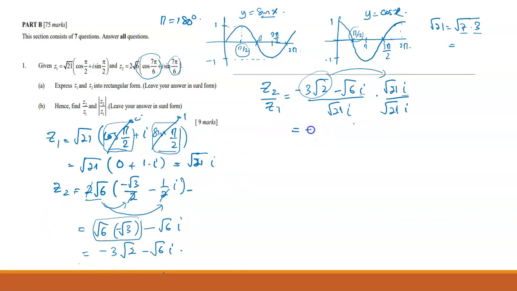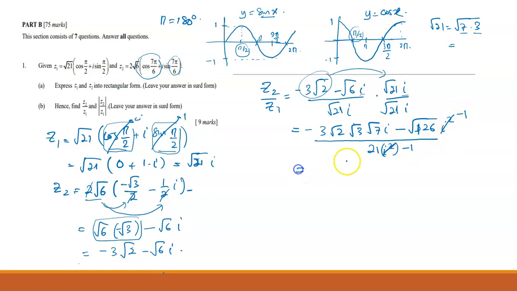Negative 3 square root of 2 square root of 3 and square root of 7i, and minus square root of 6 times square root of 21i, and everything divided by square root of 21 times square root of 21 is 21, i squared. i times i equals i squared, and also i squared here. So this is going to give you negative 1 and this is going to give you negative 1.